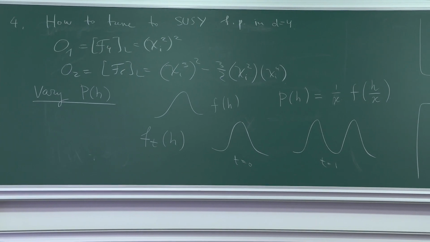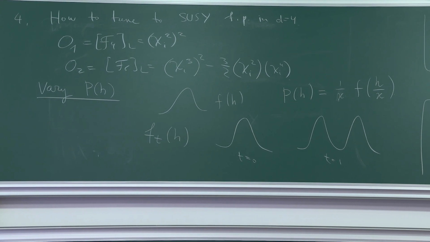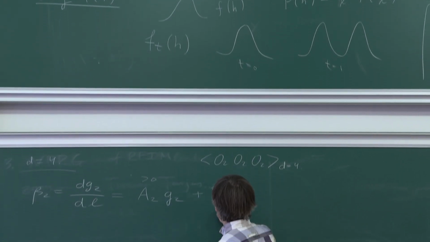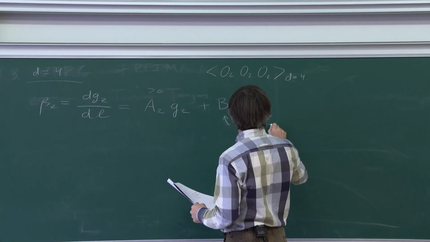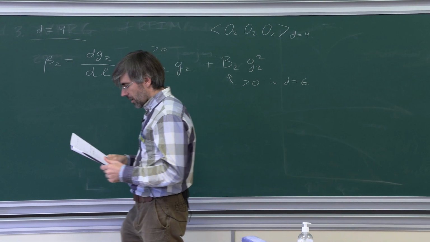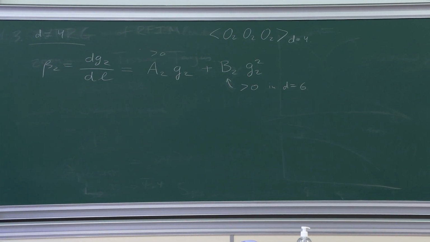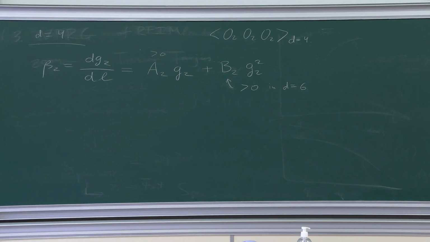It's a well-defined computation, and you actually find that this B2 is a positive constant in d equals 6. Positive, meaning that it has the opposite sign from what it would have for phi to the 4th theory.